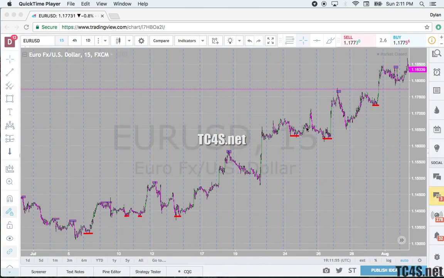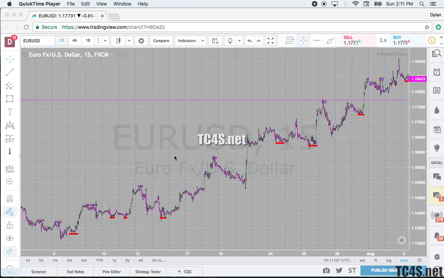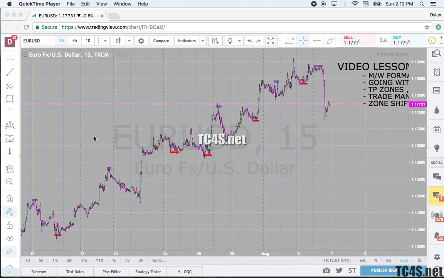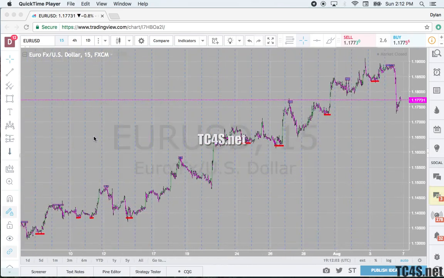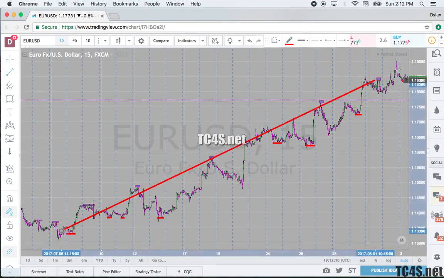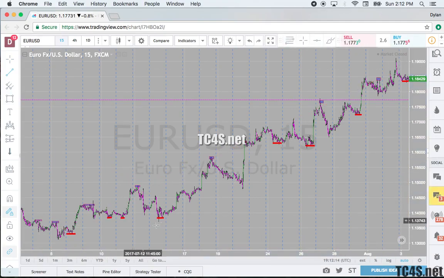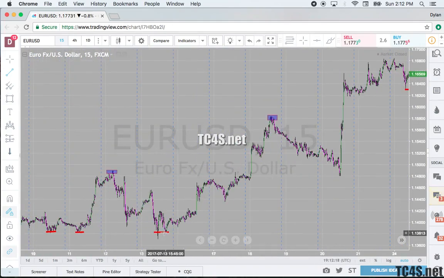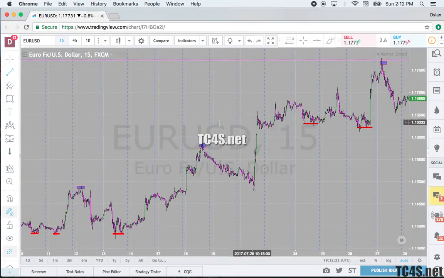this is the Euro US dollar on the 15-minute chart, like usual. What we see is a large uptrend. It's been uptrending for weeks now. And what you can also see on my chart is red lines and blue boxes.